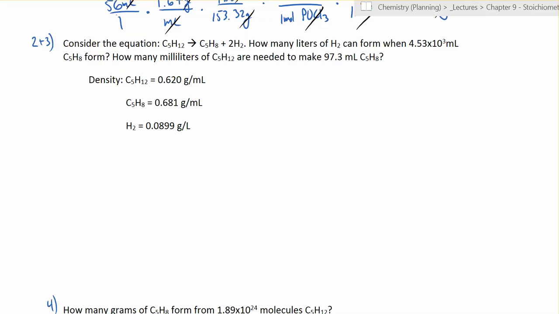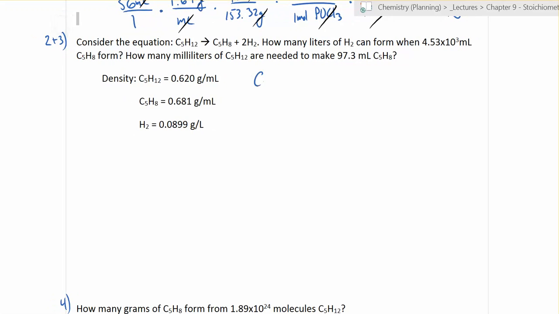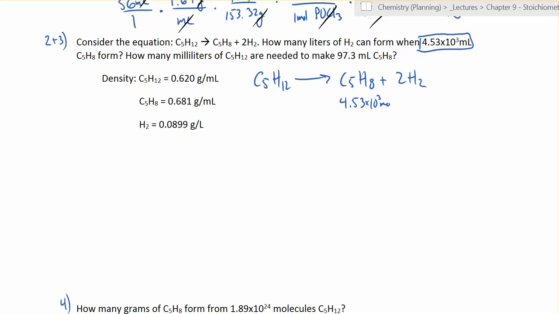I want to visually walk us through again. To do that, we can write the equation for this decomposition. As before, let's start with what we're given. 4.53 times 10 to the third milliliters of C5H8. The question here reads, how many liters of H2 form when that amount of pentyne also forms?